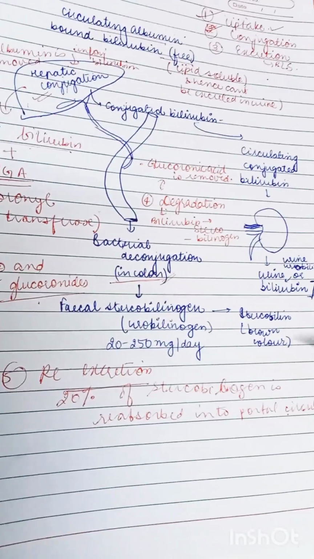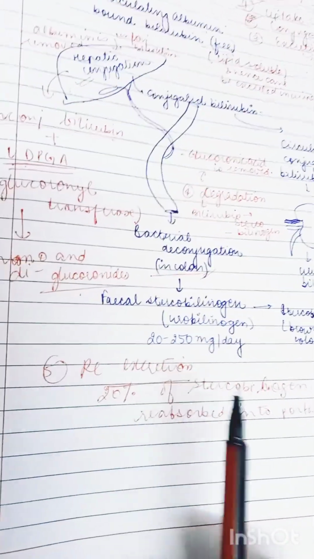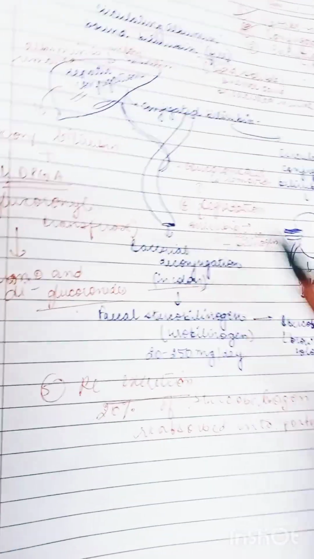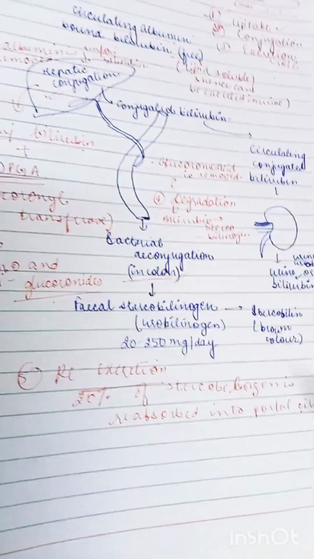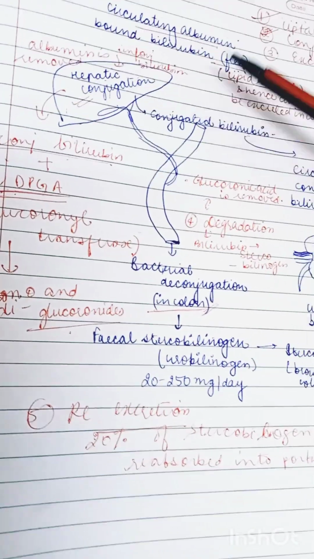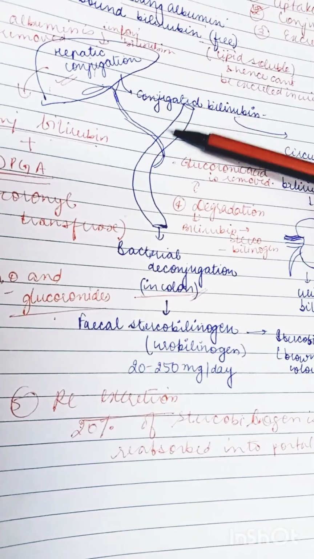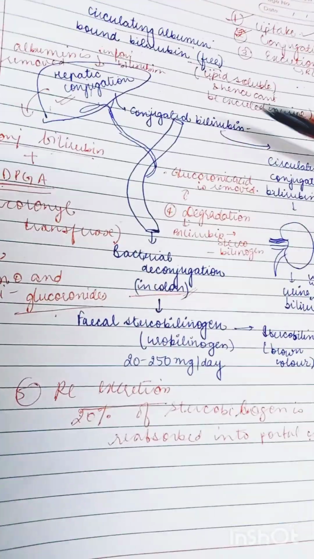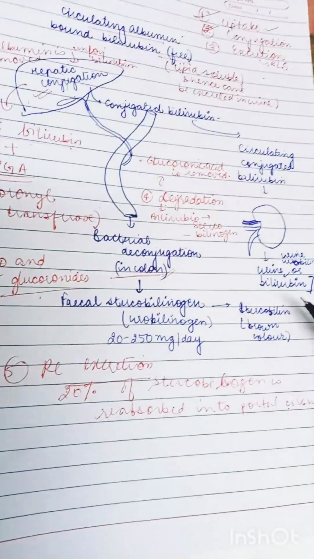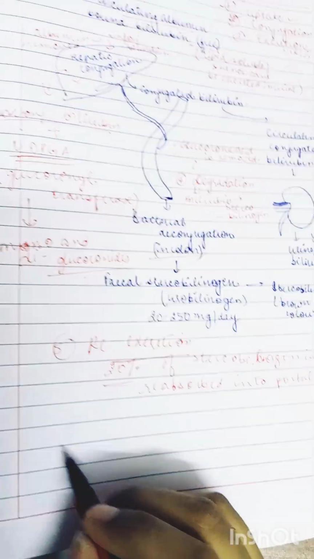Once again, in re-excretion, the fifth step, 20% of the stercobilinogen is absorbed into the portal circulation, which enters the liver again. Either it will be recirculated in the enterohepatic circulation, or it will be excreted by the kidney in the form of urine urobilinogen. This was the fate of the 20% of the stercobilinogen.